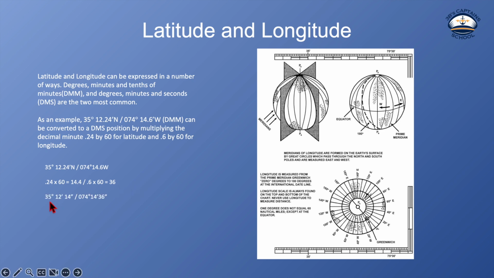So the way we'd express this is 35 degrees, 12 minutes, 14 seconds north, 74 degrees, 14 minutes, 36 seconds west. So that is the same as 35 degrees, 12.24 minutes north, 74 degrees, 14.6 minutes west.